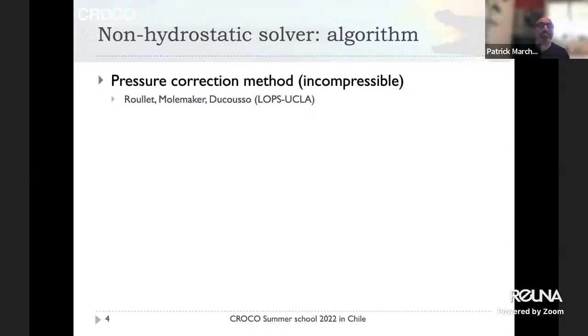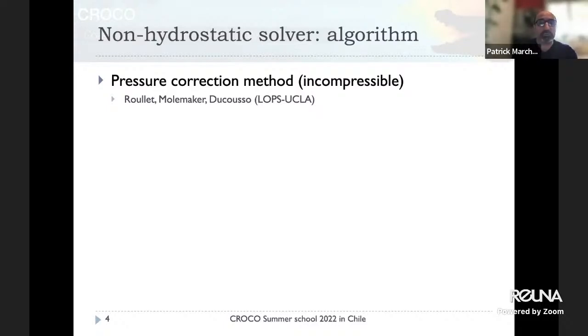So I start with the pressure correction method. As I said, it's for incompressible equations, incompressible flow. And all models trying to do that use this pressure correction method. For example, the MIT GCM is one of the best known among modelers.